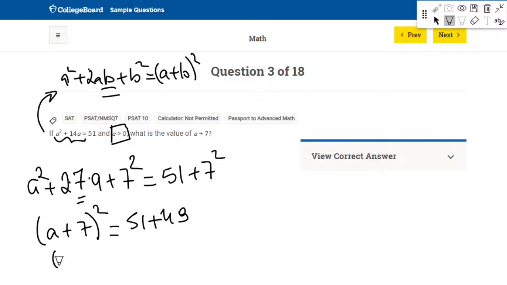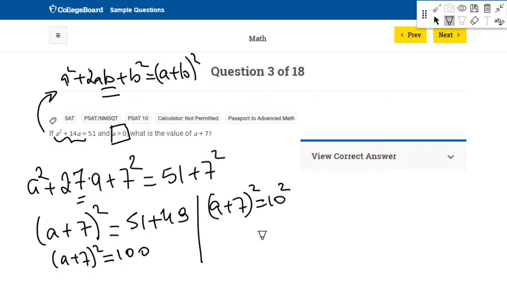And here a plus 7 squared equals 100, or a plus 7 squared equals 10 squared.